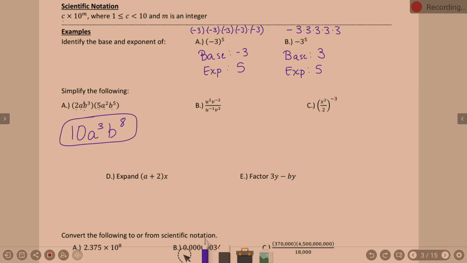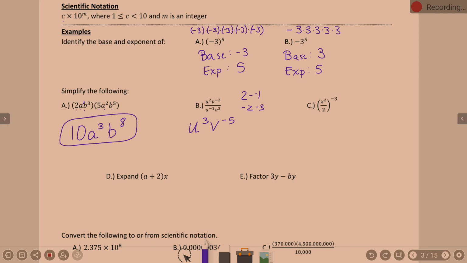And I know the u's and v's look alike, but this is going to be u to the what? Third. 2 minus negative 1, which is 3. V to the what? Negative. Negative 2 minus 3 is negative 5.